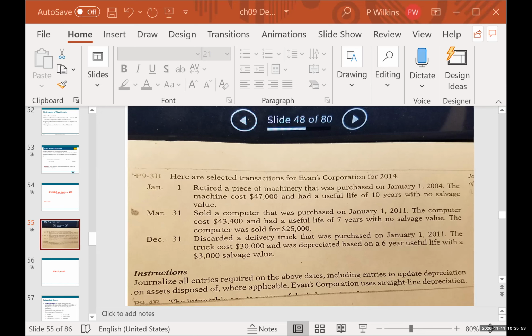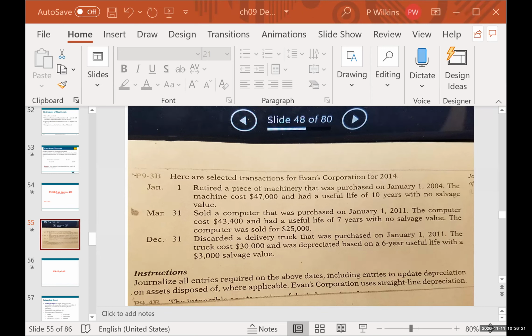So we have the cost, and the cost in this case was $47,000, right? $47,000 was the cost. Less the salvage. And you always write this out. Even if there's no salvage value, write it out anyways, because this is how you begin to learn the process, okay? And in this case, there was no salvage value, right?